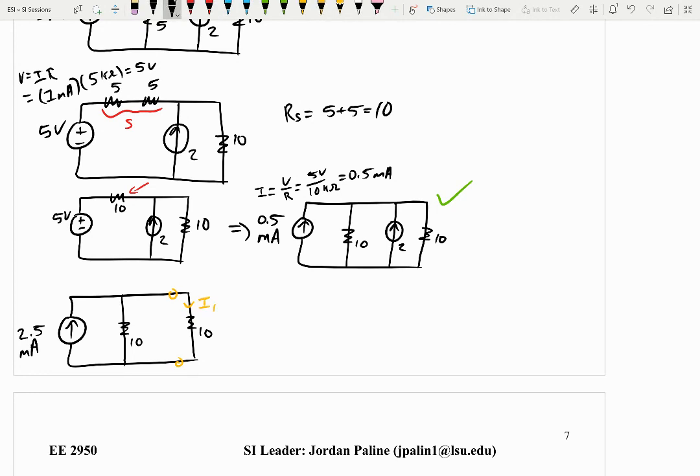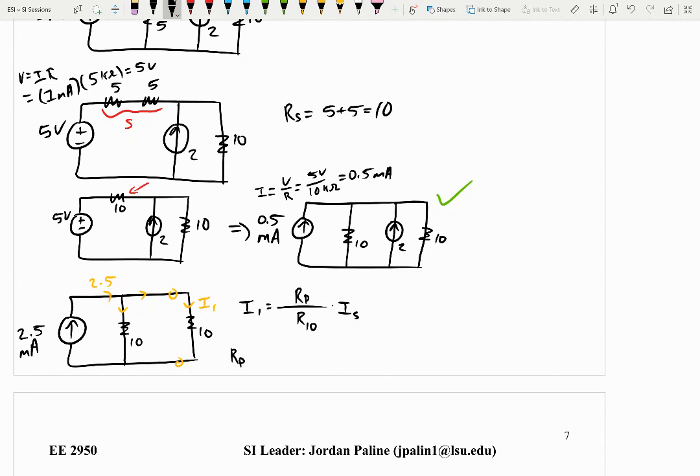Okay. So we know that 2.5 comes out this way. We know some will go that way. We know some will go that way. So let's do a current division to find I1. We'll need R parallel over R. This is the 10 ohm. We're going to split it up from the source current.